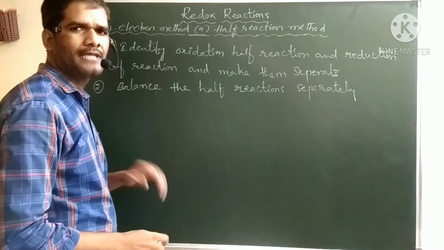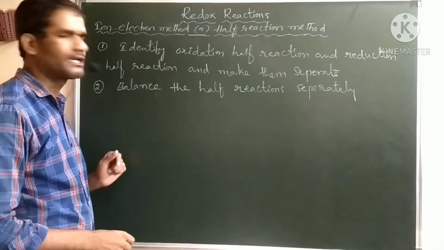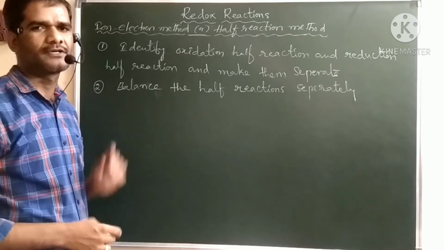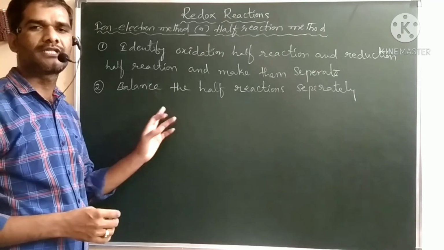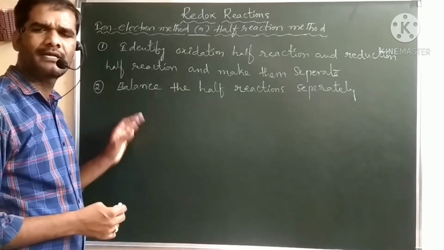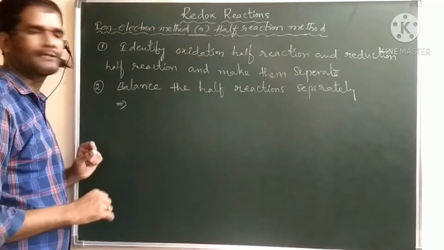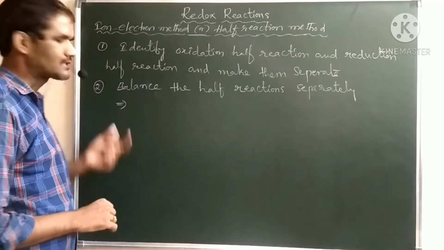How to balance? As before, the same steps involved in the oxidation state method are involved here, except the first step. In the oxidation state method, first we balance the change in oxidation numbers, but here that is not required. So after separating, we have to balance both half reactions like this.